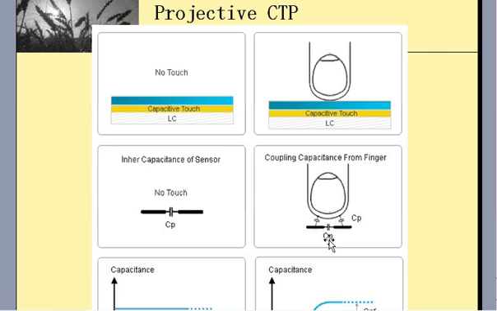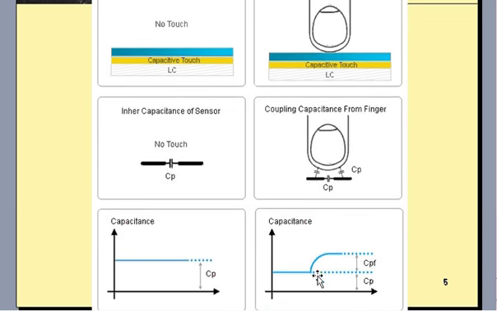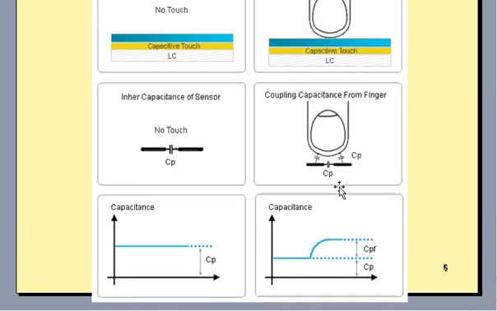This is a CP, that is a projective capacitance, and these two are finger capacitance between the two electrodes. So in that case, the capacitive touch panel controller can sense the capacitance change. Then we can locate the position of the touch.